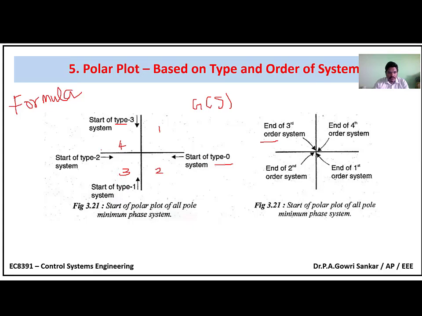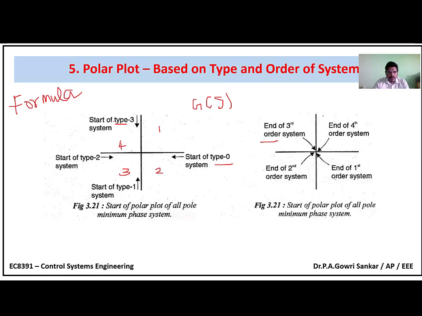If it is a type 2 system, the curve comes from the fourth quadrant. If the type is 3, the curve will come from the first quadrant. In this way we can determine the starting and ending point of the polar plot.